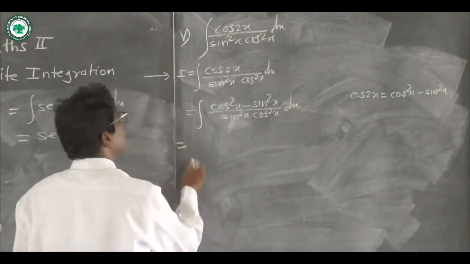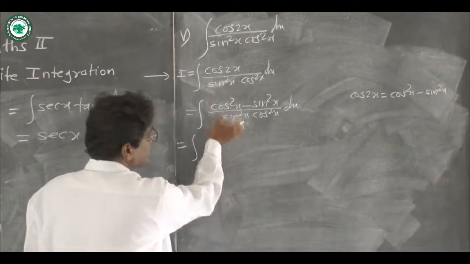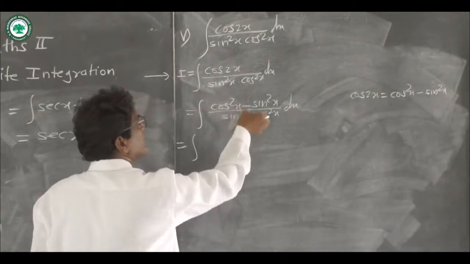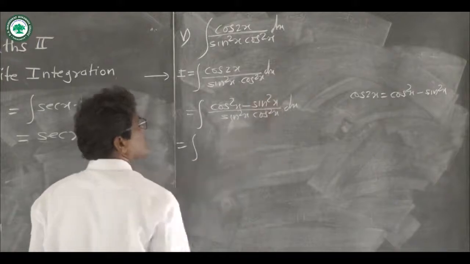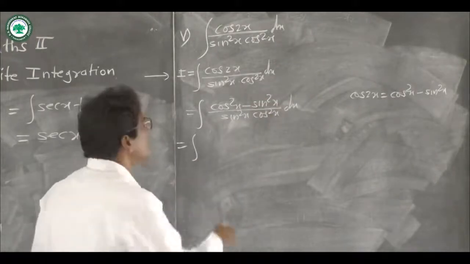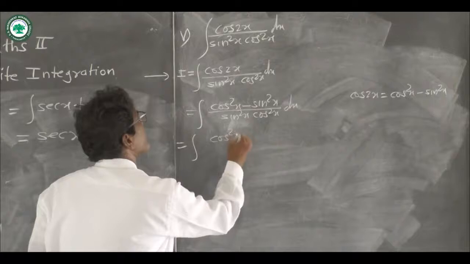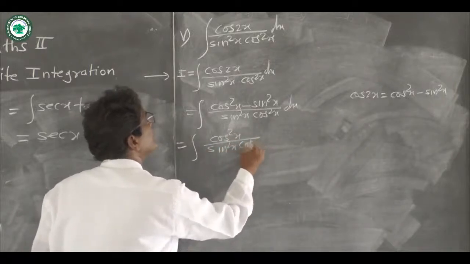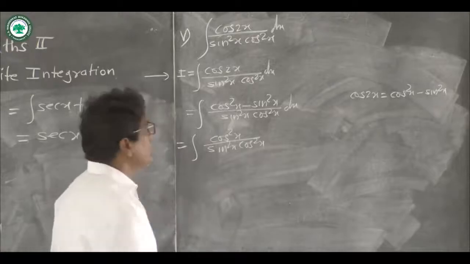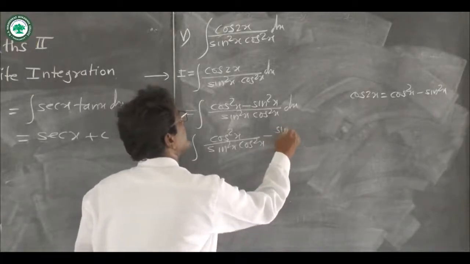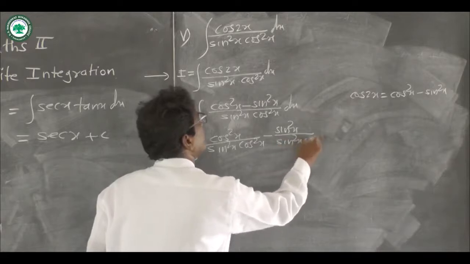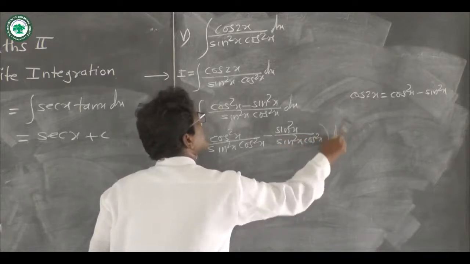So it is equal to integration of, now take separate division, divide cos square x by this denominator minus sin square x by this denominator, and therefore cos square x upon sin square x into cos square x minus sin square x upon sin square x into cos square x dx.